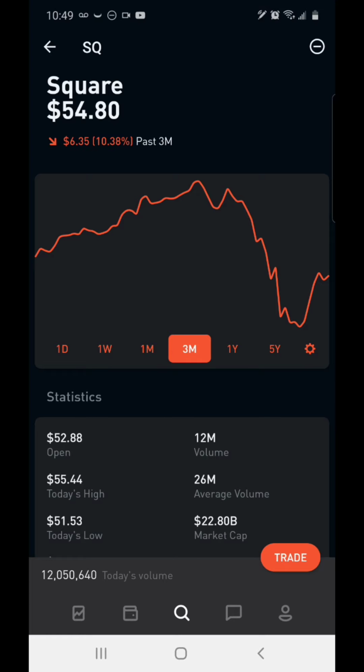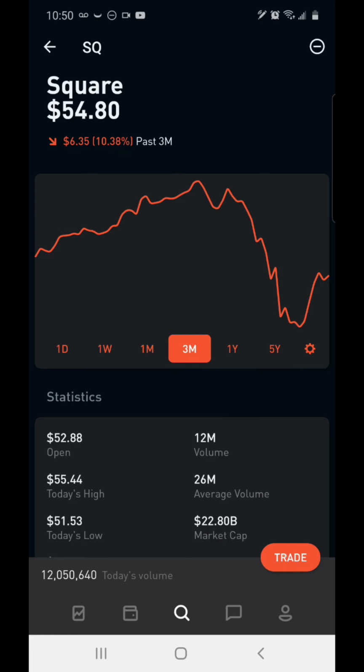But let's say I want to invest in Square. I want to buy an option of Square, and I look at they peaked at around $85 just before the market crashed. So I can say, okay, well, I think Square is going to climb back up to $85 when the market recovers. Let's just say that's my analogy, right? So I want to purchase a call option, right? I think it's going to go back up to $85.